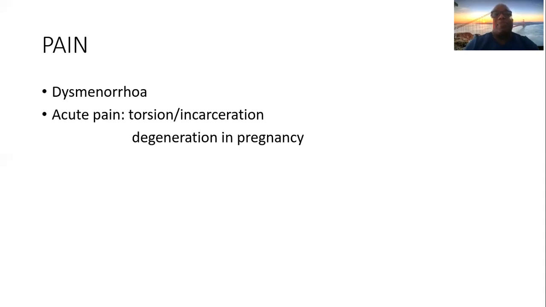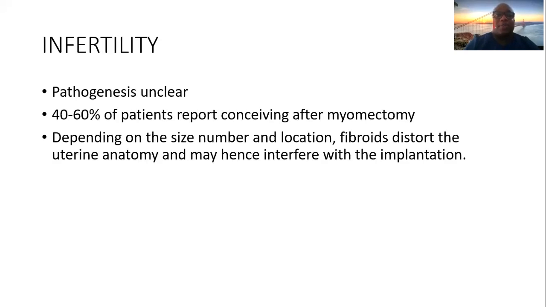Pain you have described is due to period pain, dysmenorrhea, or torsion or degeneration, and this degeneration commonly occurs in pregnancy. Infertility is also a common presenting feature of these uterine fibroids, and we find that up to 40 to 60% of our patients conceive after myomectomy.